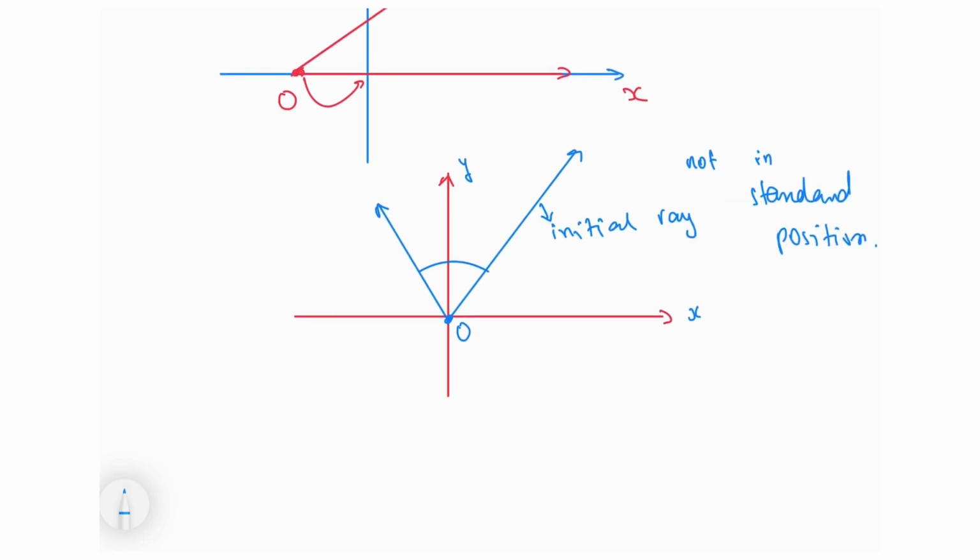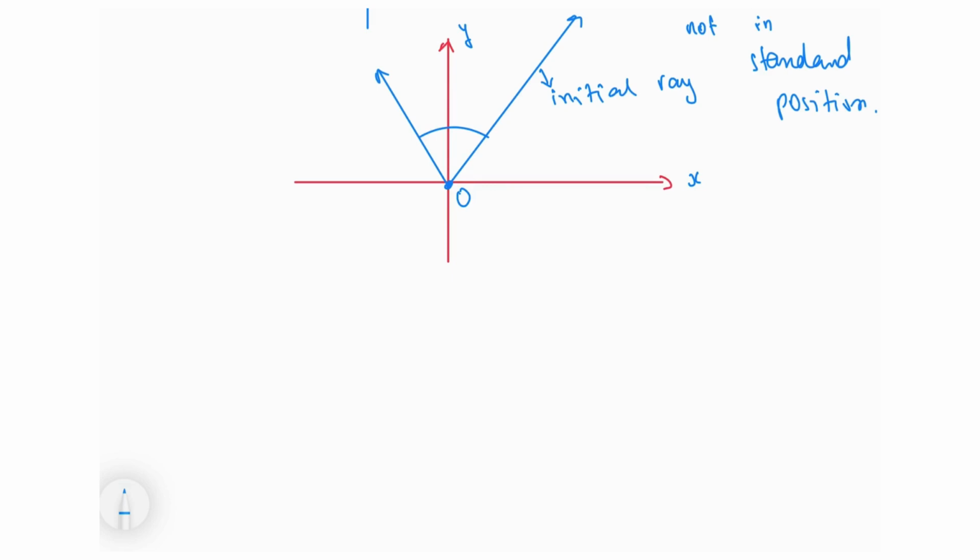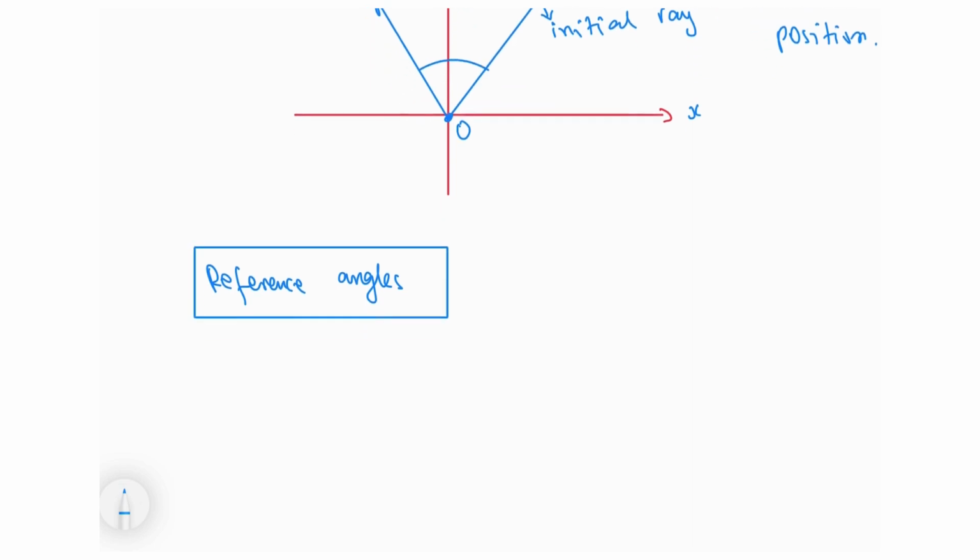The last thing that we want to see in this tutorial are reference angles. And we will give a definition.